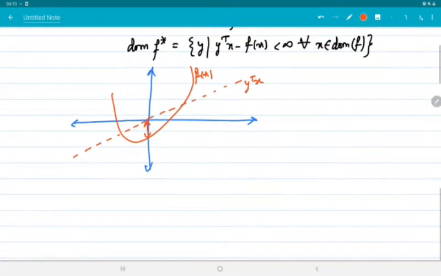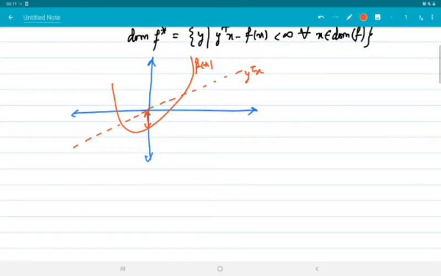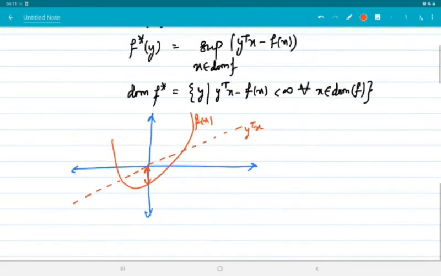If you look at this, the gap, if you move x further to the right, the gap is decreasing. If we move x further to the left, it is decreasing as well. So this point is the value of y.